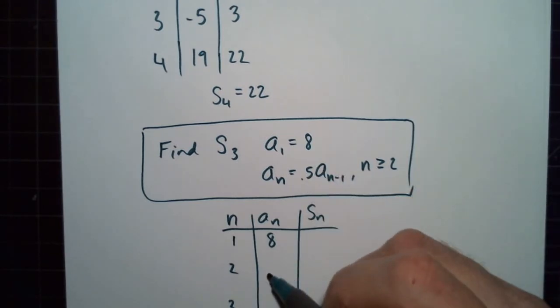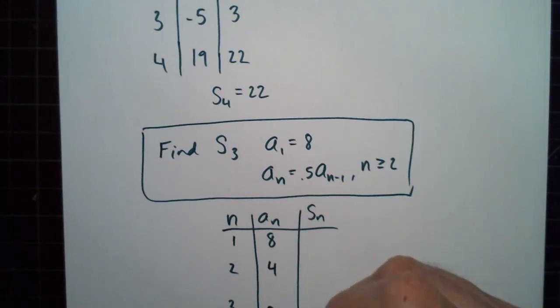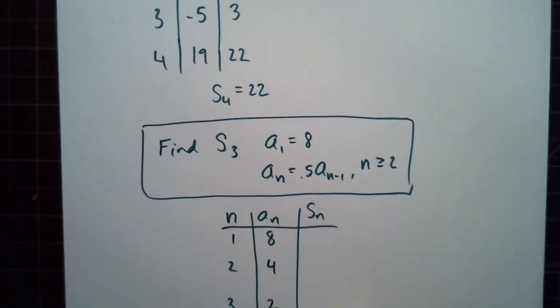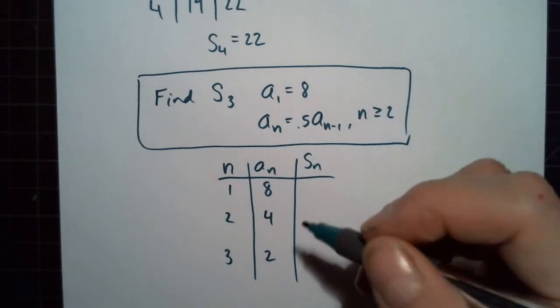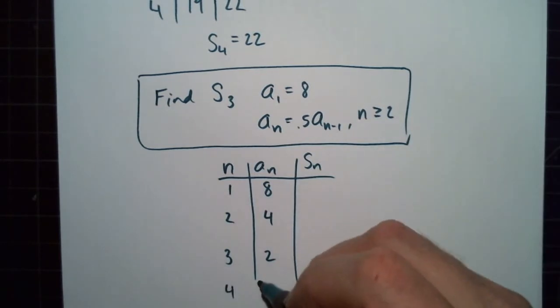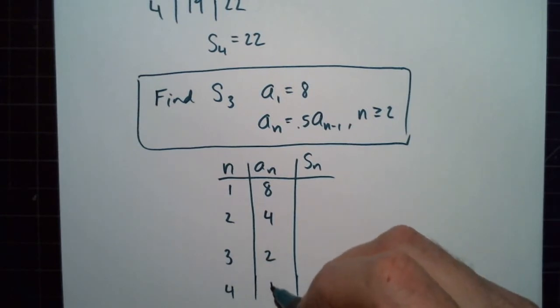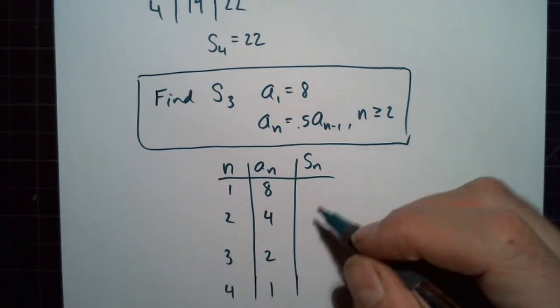So we go 0.5 times 8, 0.5 times 4. And just for practice, the next term, 0.5 times 2. We only need the third partial sum.